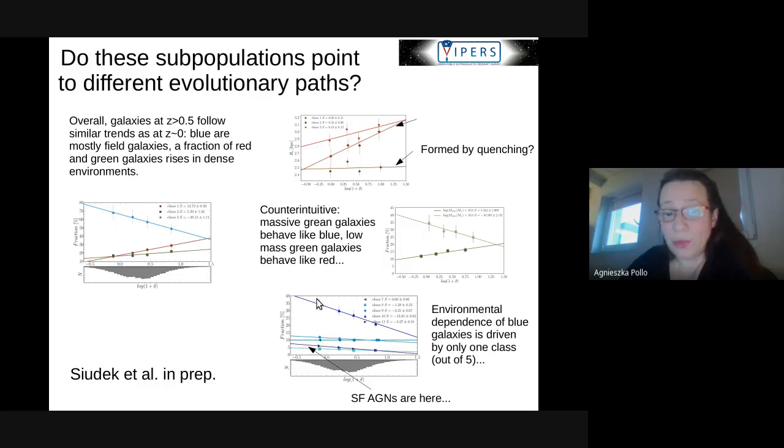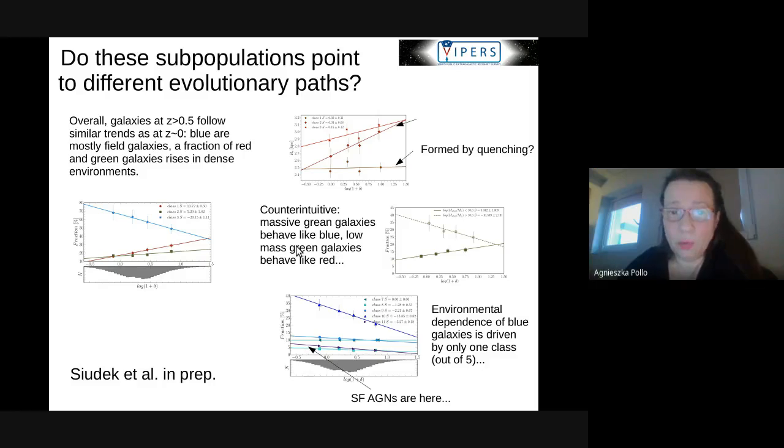But we actually find out that this trend is driven by one most numerous group of blue galaxies, and there are other subtypes of blue galaxies which do not follow this trend at all. And in principle, star-forming galaxies containing AGNs also do not show this strong environmental dependence. This is also something which may be useful for us in the future to go deeper.